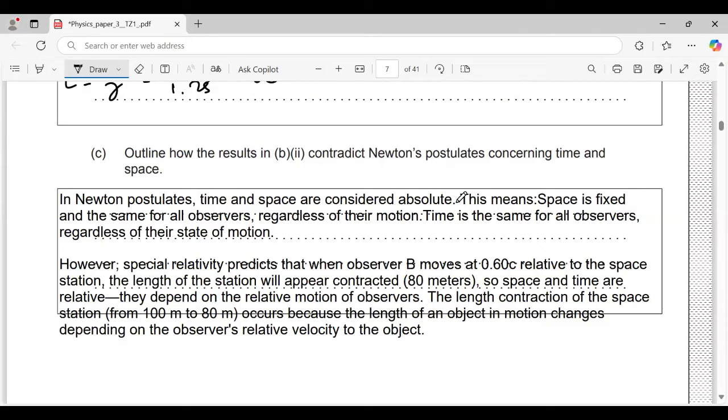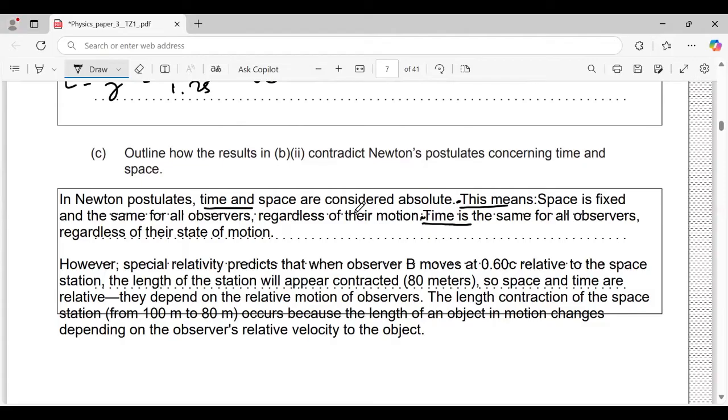And time is the same for all observers, regardless of their state of motion. So time and space are absolute according to Newton's postulates.